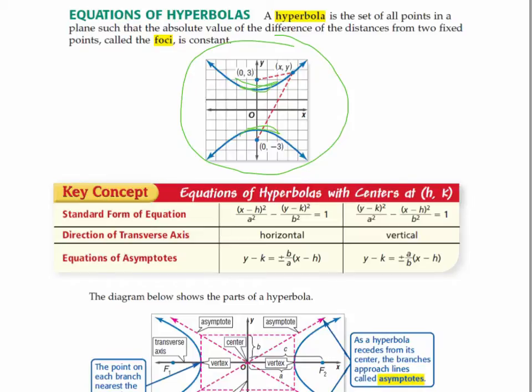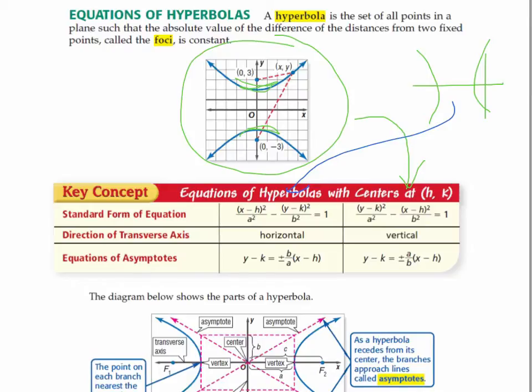In that kind of hyperbola, the y is positive and the x is negative, so it's going to be an equation that looks like this. In the one we saw on the previous page, where the hyperbola crosses the x-axis like that, the x is positive and the y is negative. So you need to pay attention to what's positive and what's negative.